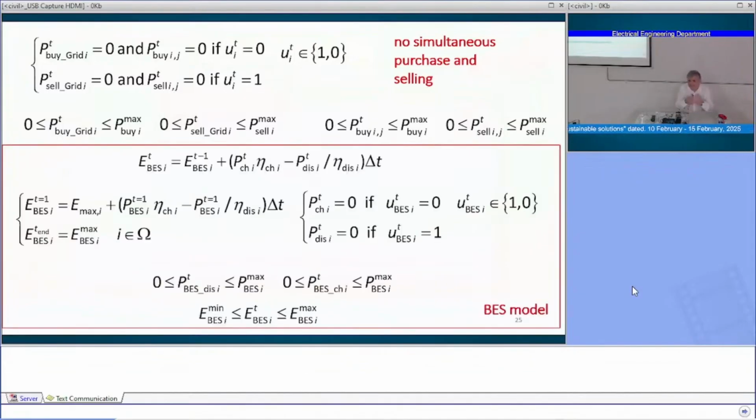And there are battery storages that are important in this activity. The storage is fundamental there. So we have the usual simple equations that say that the level of the energy in each battery is the energy in the previous period plus the power in the period, and the power is always multiplied by the efficiency or divided by the efficiency if it is charge or discharge.